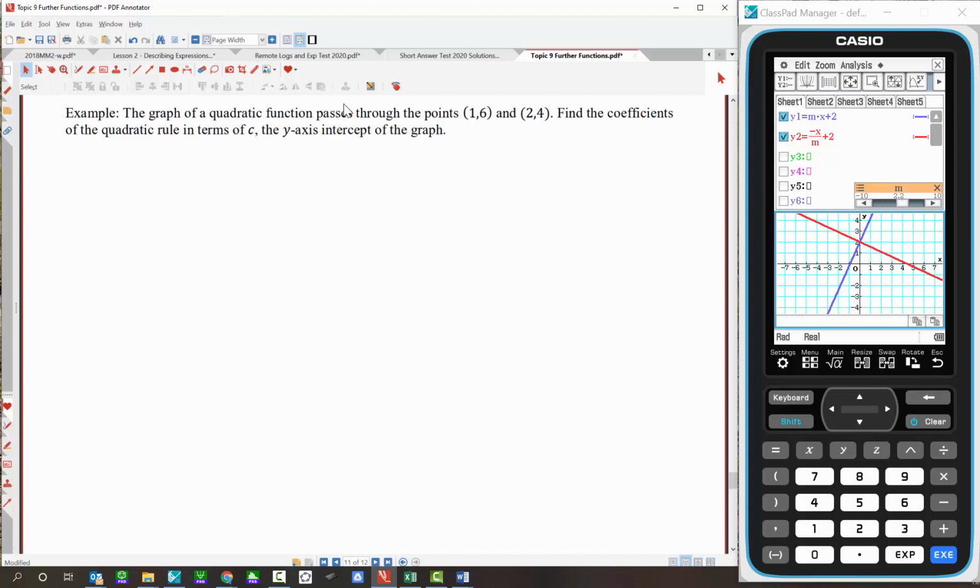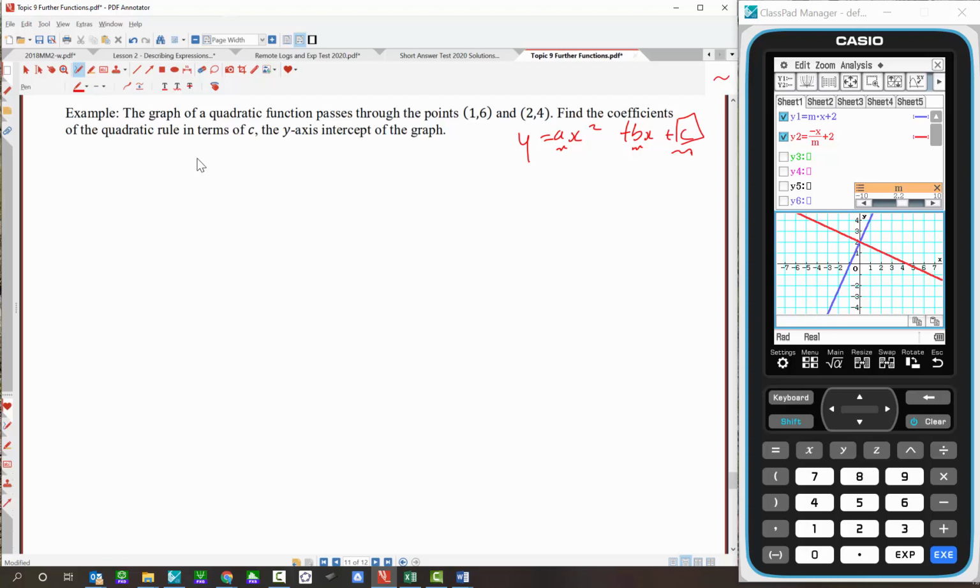All right, so we want to use the rule y equals ax squared plus bx plus c, and the y-intercept we're noting is c. So we'll set up our equations, and what we'll be able to do is find these coefficients a and b in terms of c.